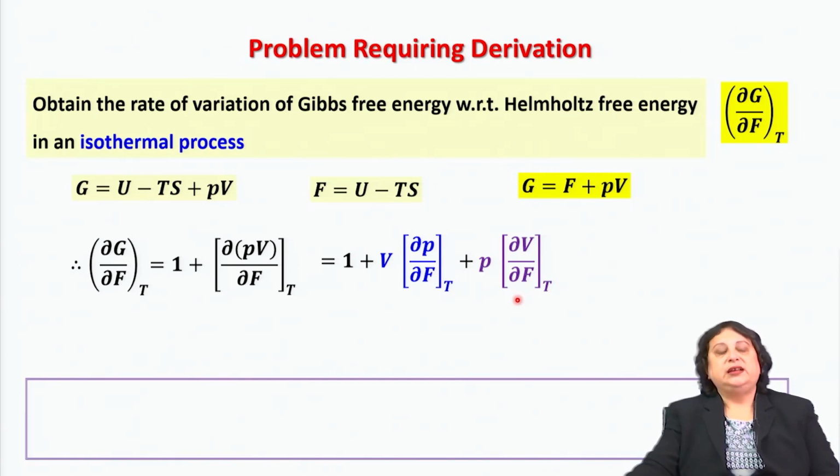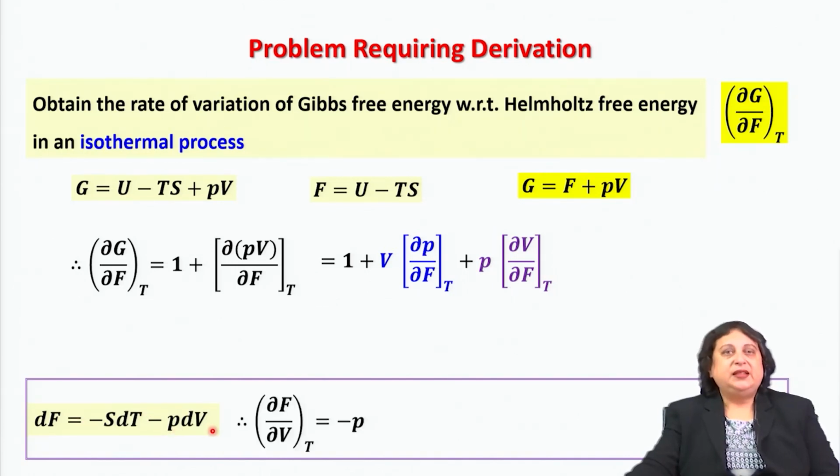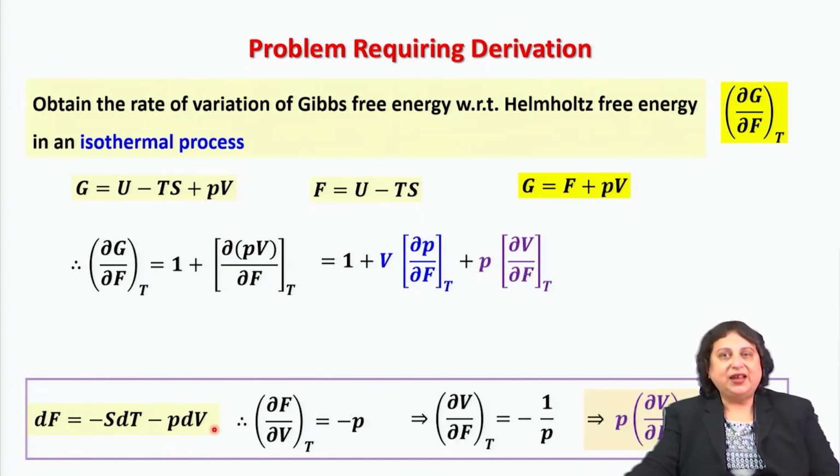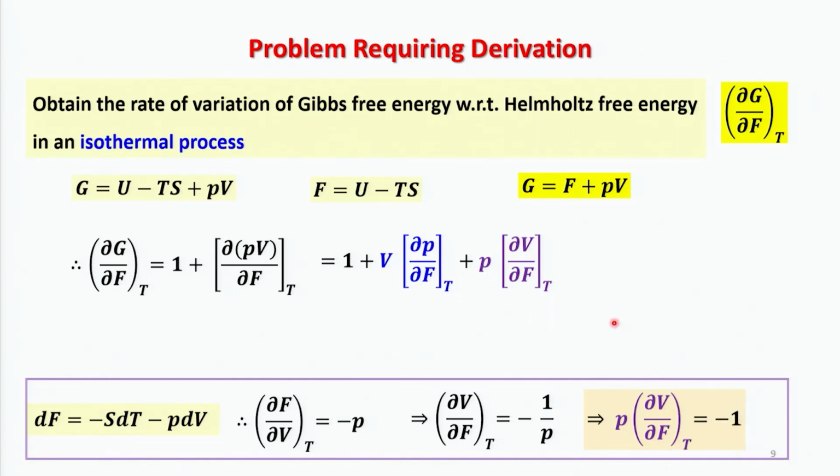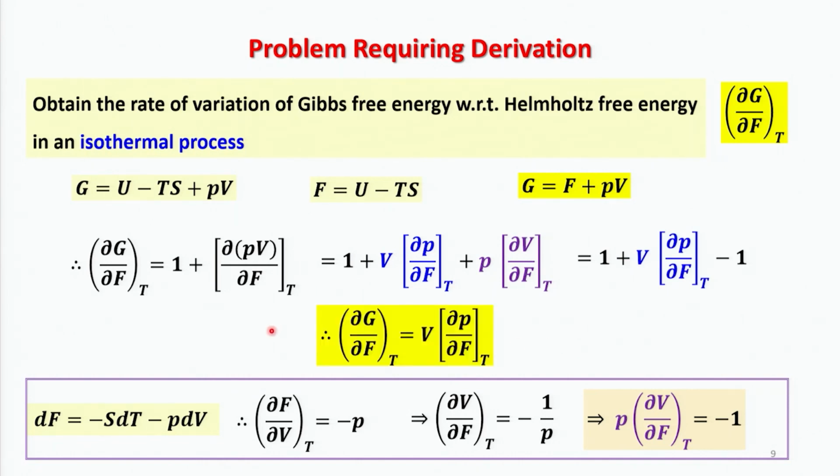The way I do it is as follows: dF is equal to minus S dT minus P dV. That tells me that (∂F/∂V) at constant T must be equal to minus P. So, I just rearrange and I find that this final term shown in purple must be equal to minus 1. I put it back up here, and therefore, I get (∂G/∂F) at constant T will be decided by V into (∂P/∂F) under isothermal condition.